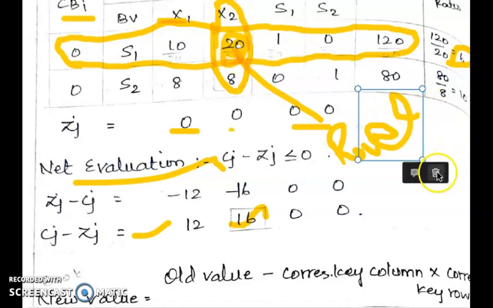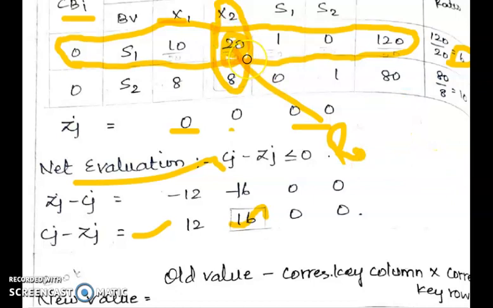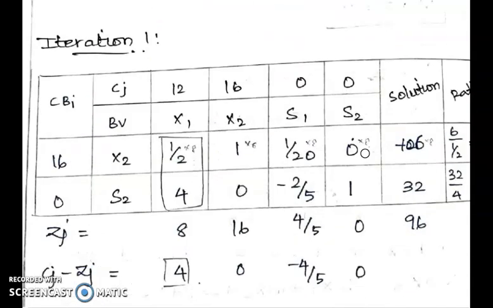So we divide the entire equation by 20, and we get the new row values 1 by 2, 1 by 2.